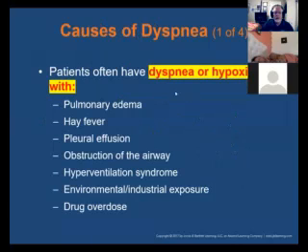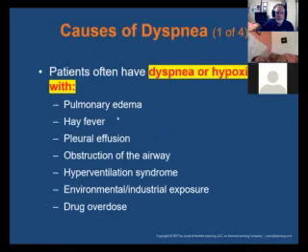Patients exhibit dyspnea and hypoxia with the following conditions, that's not an exhaustive list: pulmonary edema, hay fever. I am a horrible hay fever sufferer, and those who don't have it can never understand what it's like for those of us who do.